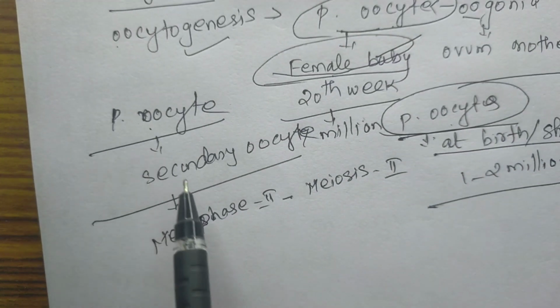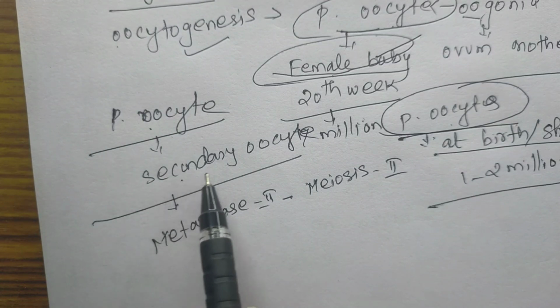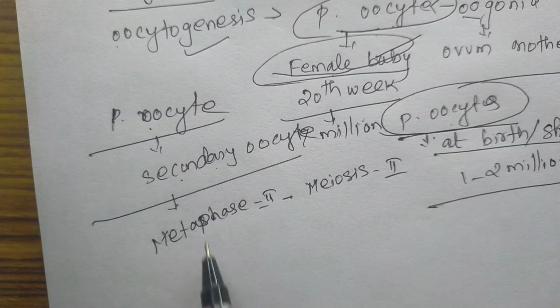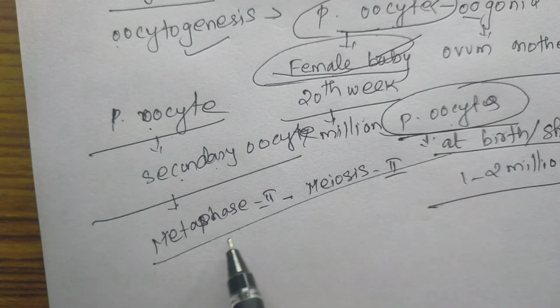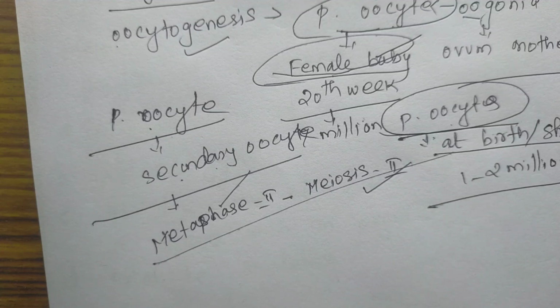So when primary oocytes undergo development after puberty to form a secondary oocyte, the secondary oocyte will get temporarily arrested during the metaphase 2 stage of the meiosis 2 process.